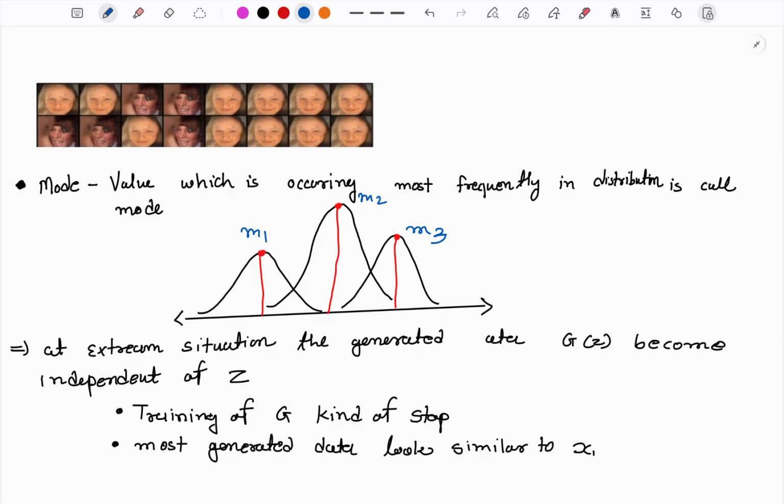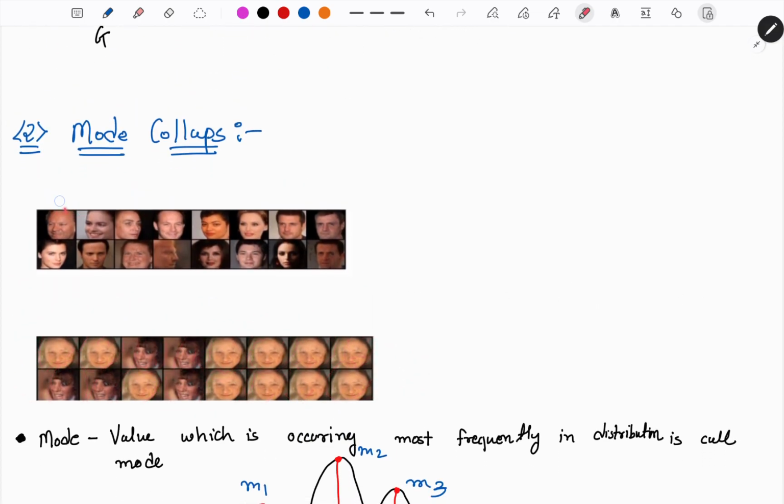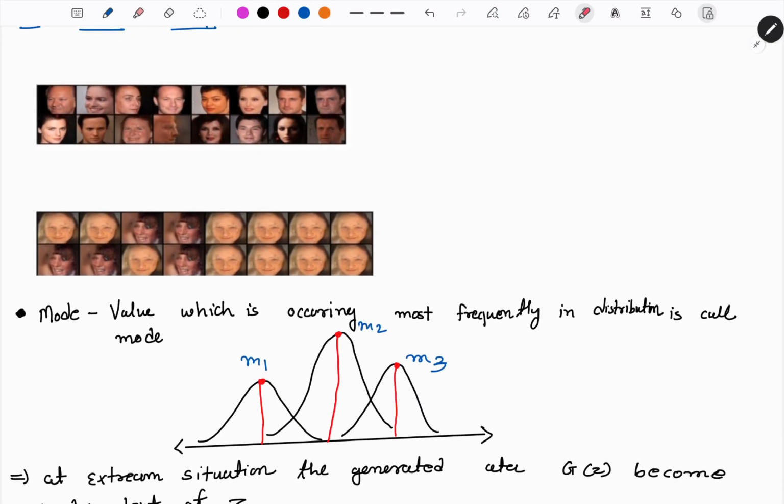Likewise, if you look at this particular picture, only this image comes again and again repeatedly in your generated outputs. Eventually what you want is that each time it generates different kinds of images, as shown here in this picture. If you observe this, all of these are different. But what happens in the issue of mode collapse is that the generator generates only some kinds of classes.